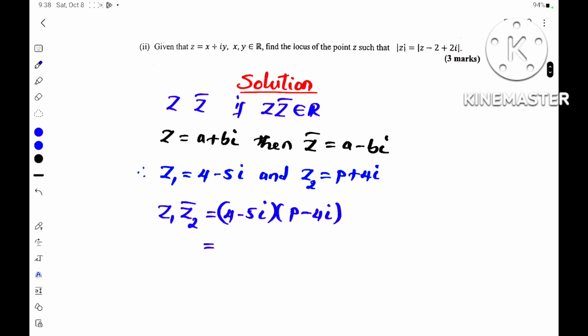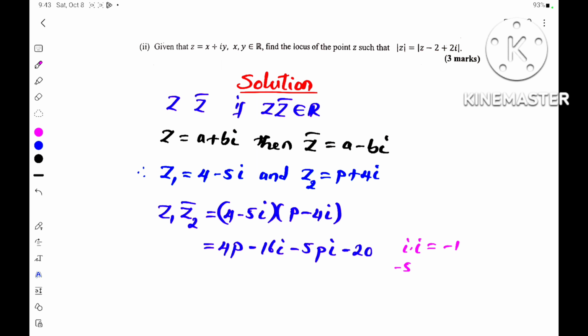If you expand this, we are going to have 4p minus 4 times negative 4i, which is 16i, minus negative 5i times p, which is negative 5pi, and negative 5i times negative 4i is negative 20, since i times i is equal to negative 1.